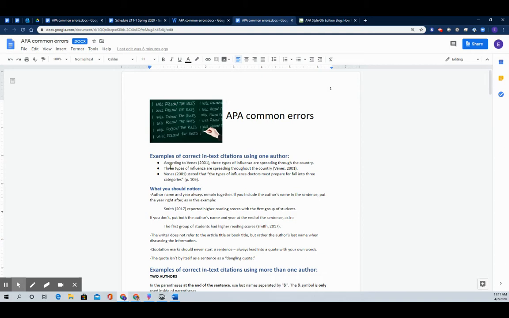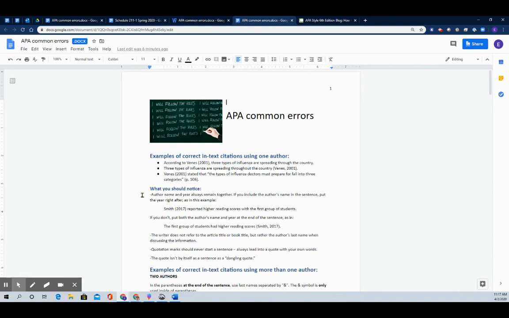So here there are 3 different ways of citing this passage from Venes. What I'd like you to do right now is pause the video and read these 3 to yourself. Okay, I'm going to assume that you did the pause and that you read the 3 different examples I have bulleted with Venes.